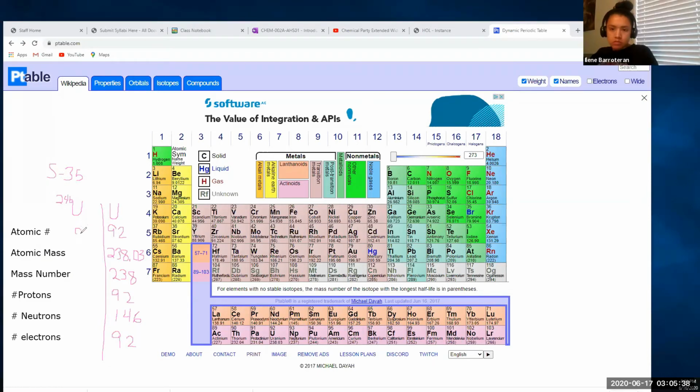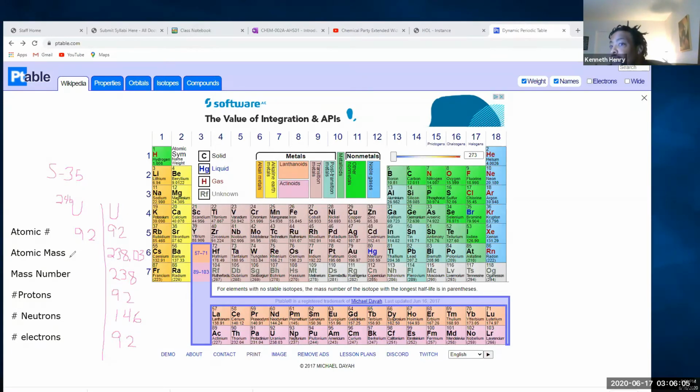It will be 92, because the atomic number always defines the element. If I tell you carbon, carbon is always going to be 6. It's never going to be 7, because 7 is nitrogen. Your atomic number always defines the element.